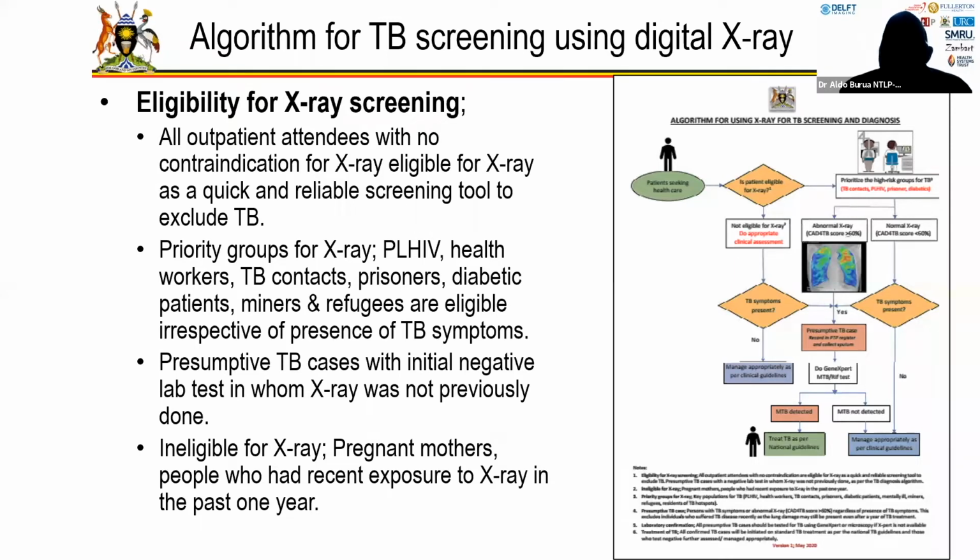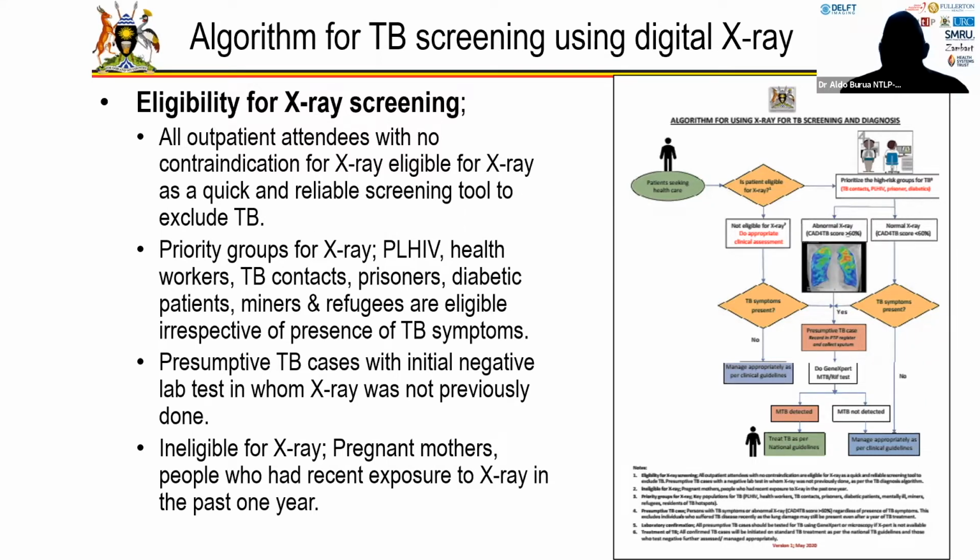So this algorithm shows that all patients who seek health care will be assessed to determine if they are eligible for X-ray or not. And the eligibility for X-ray is listed here: all the outpatient attendees with no contraindication for X-ray are eligible for X-ray as a quick and reliable screening tool to exclude TB disease.